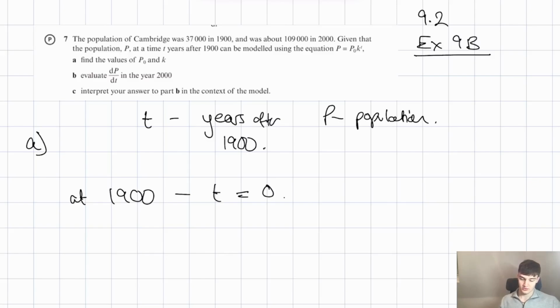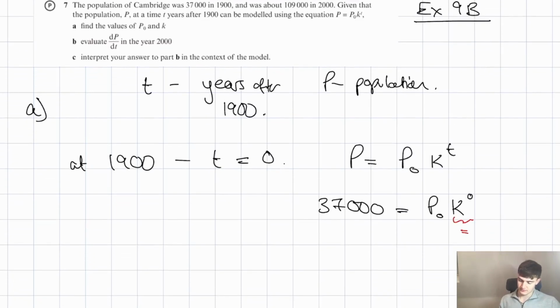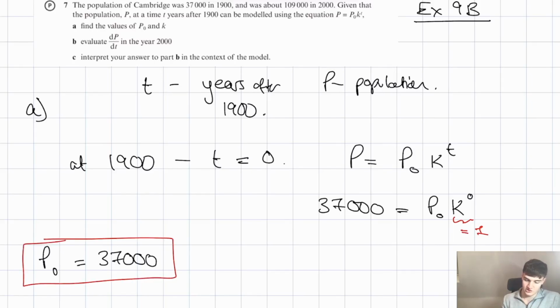So we know that from P is equal to P naught k to the power of t, when t is 0, P is 37,000. So I can write 37,000 is equal to P naught k to the 0. And k to the 0 is equal to 1, right? So P naught then is 37,000, which makes sense, because P naught is the initial population.